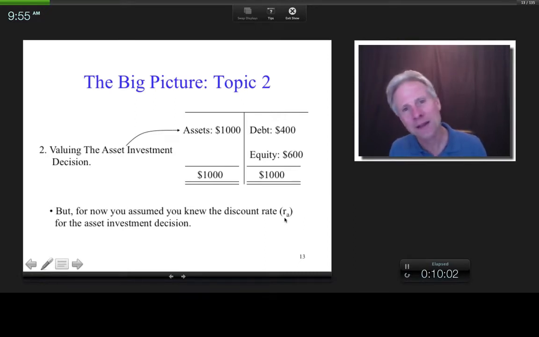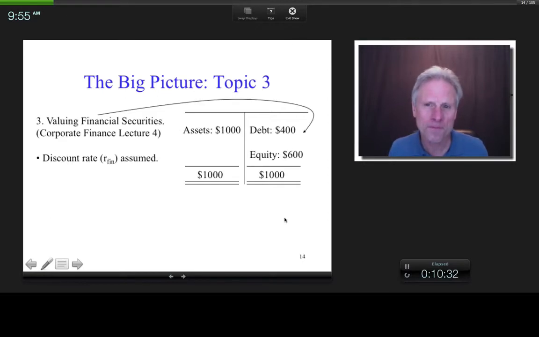Then we've said, hey, net present value, which is sort of the bottom line analysis, you need cash flows and a discount rate, but I just gave you the discount rate. We haven't figured out how to calculate that discount rate. So that's a really big omission. And of course, by the end of these lectures, we'll be looking at how you figure out that discount rate for the asset investment decision. In fact, it's the last theory lecture of this series.